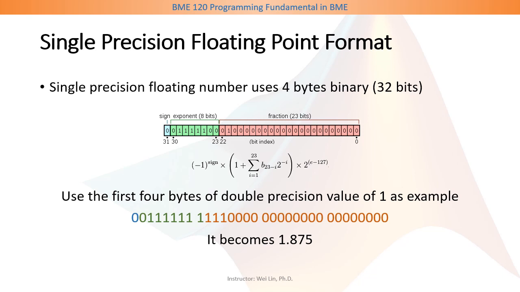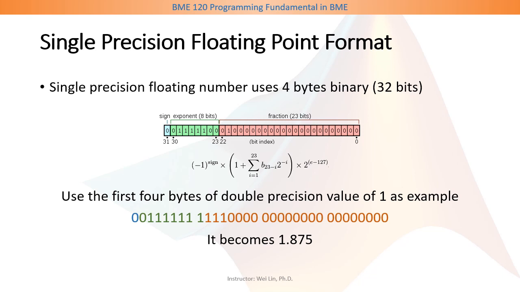So the 8 bytes of the double precision number will actually be divided into 2 single precision floating numbers. After we read the first 4 bytes, MATLAB will interpret it in a single precision format.